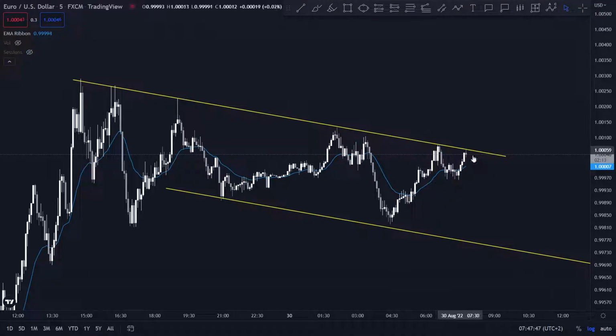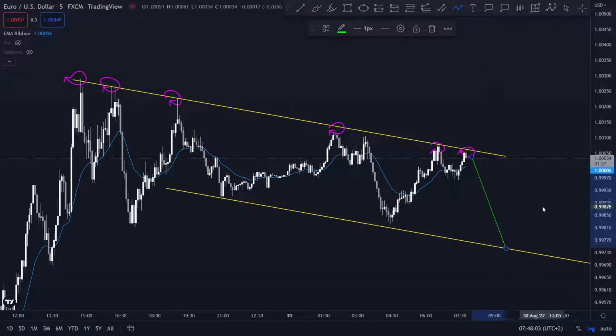Taking a short position here is based on the idea that this trend line is working as resistance, and I'm hoping this will continue to be the case and the market will come down here.